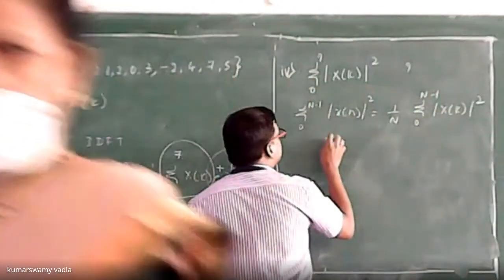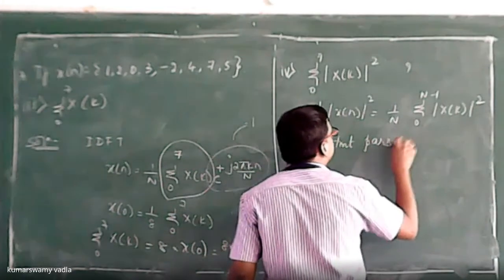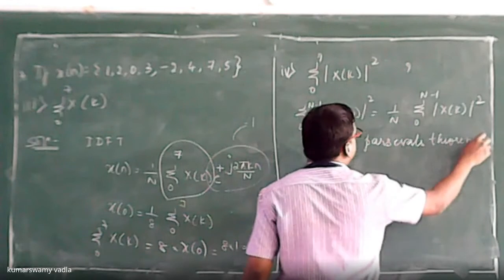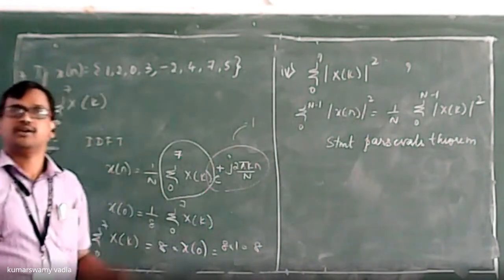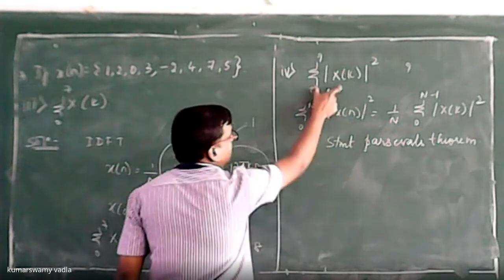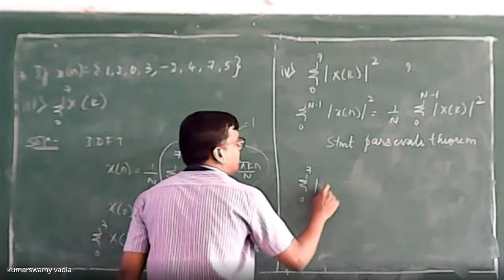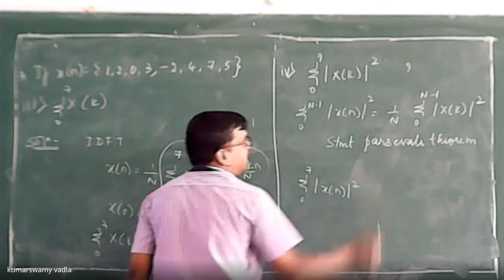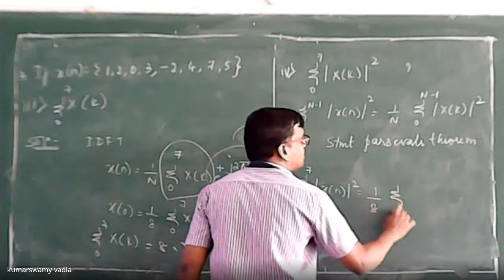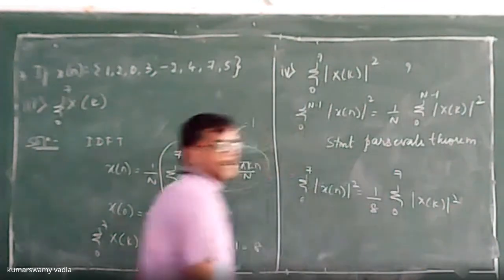This is the statement of Parseval's theorem. So summation 0 to 7 mod x of n square is equal to 1 by 8 summation 0 to 7 mod X of k square.